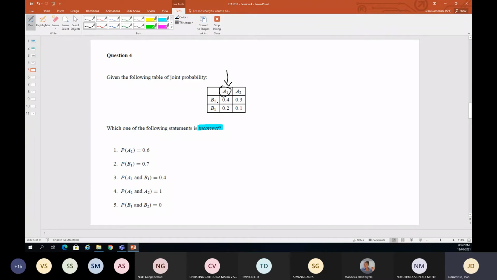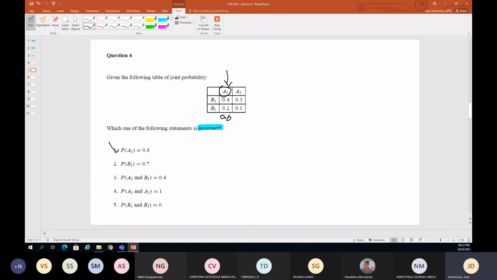What they haven't done with this one is give you the totals. So to get to the probability of A1 is 0.4 plus 0.2, which is 0.6. Okay, so we'll complete as we see what we need to do. So probability of A1 is 0.6.